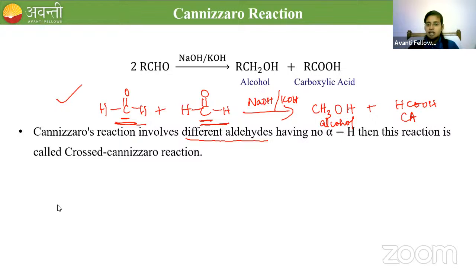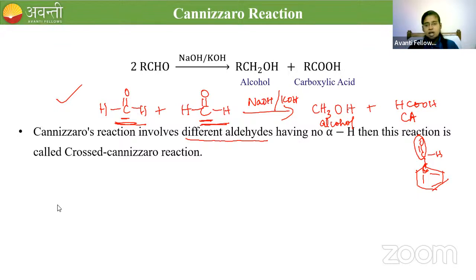Very good, Rahul. Ganesh. It is benzaldehyde. So benzaldehyde also doesn't have alpha hydrogen, right? C6H5CHO. So this is C double bond O and this is the alpha carbon, and it already has four bonds. So there is no alpha hydrogen present in benzaldehyde.